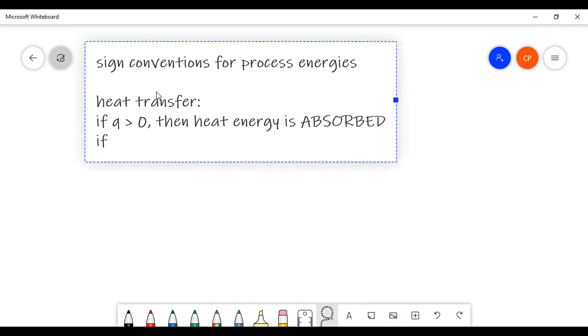And likewise, if Q is less than 0, then heat energy is released. And correspondingly, that stuff that we're studying is going to decrease in temperature if it's a bulk stuff in a solution or a gas or what have you.